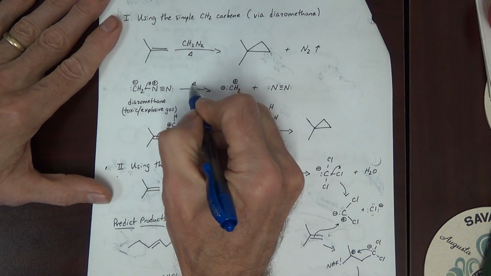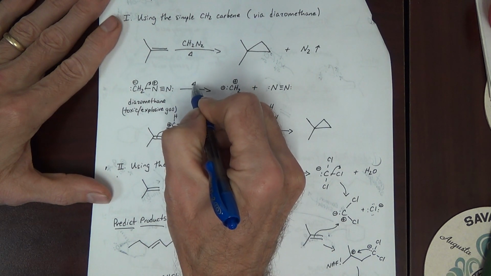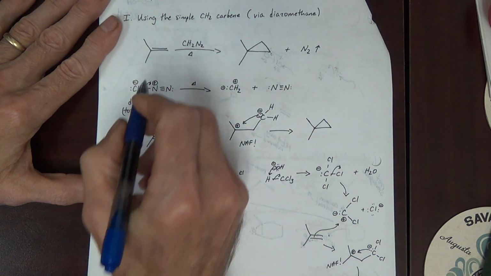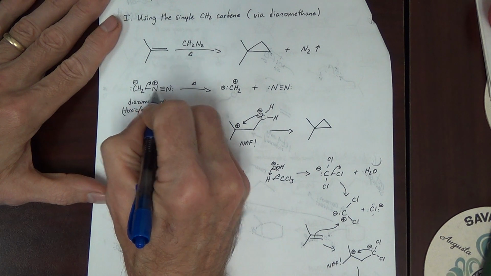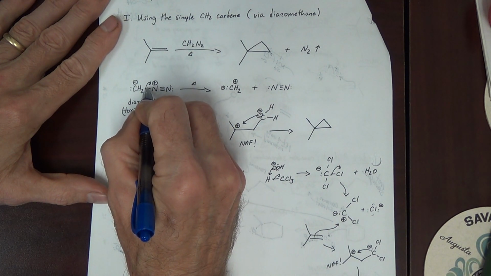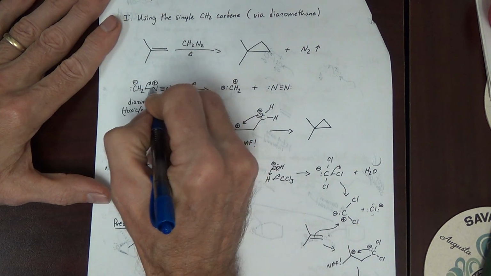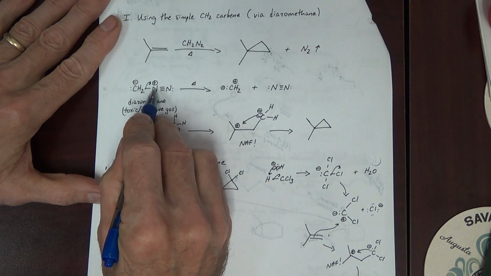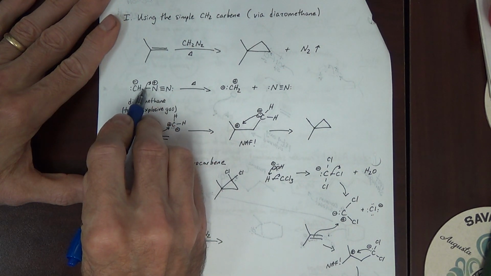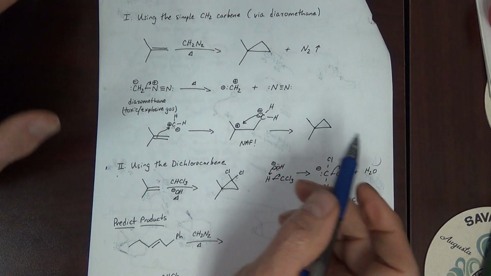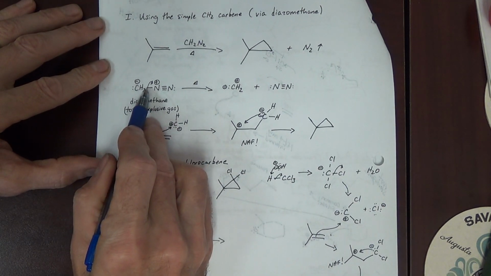And with heat, this universal symbol for heat, delta, this nitrogen will just leave. It would love to have electrons. It's positively charged. If it just takes them and leaves, if it just ionizes, gotta be careful, it's already ionic.